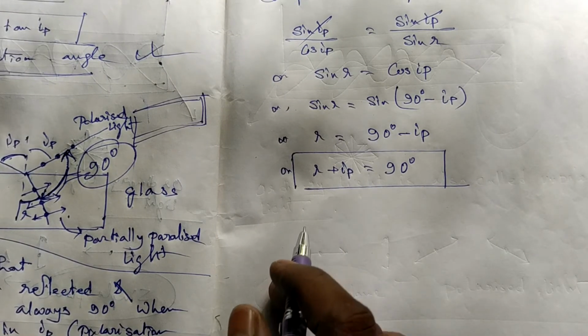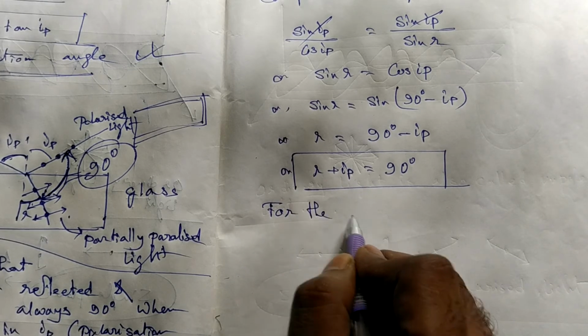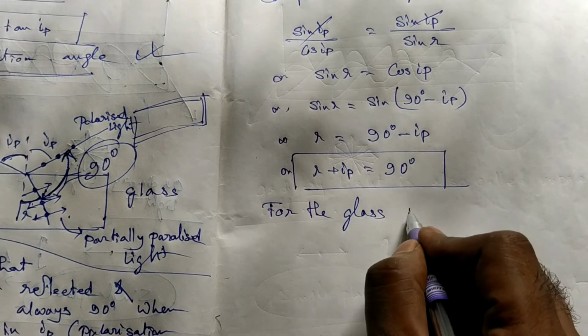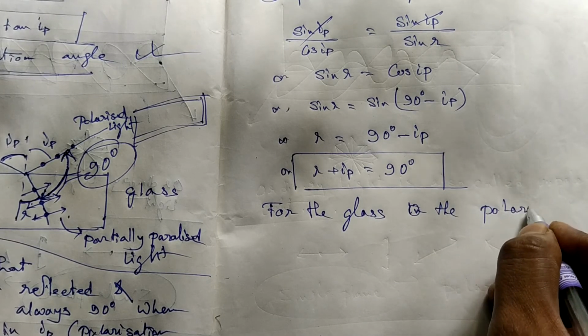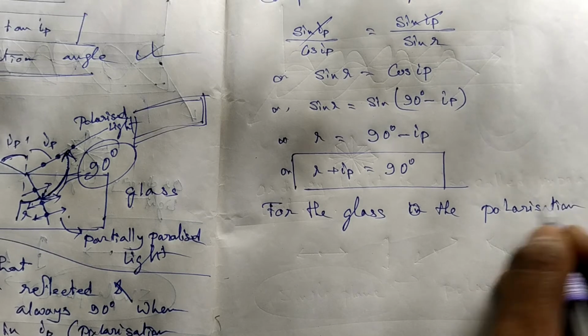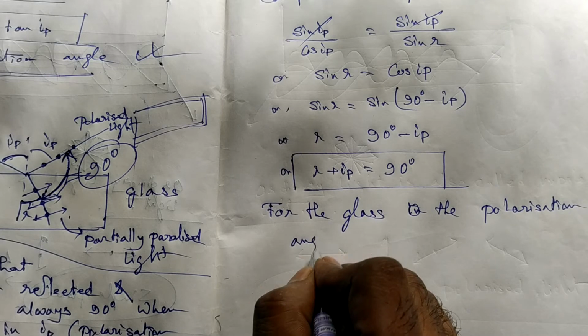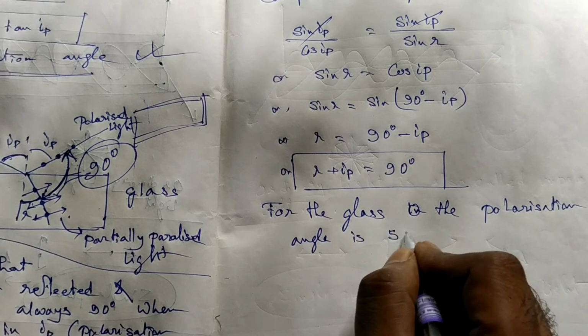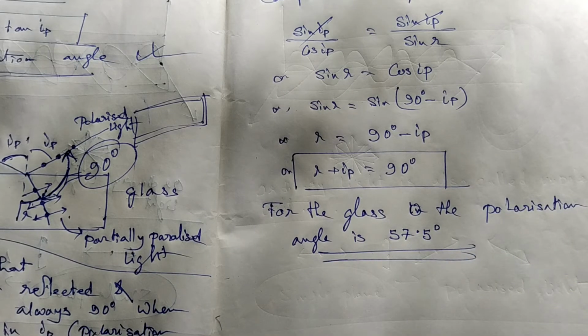Another thing is that for glass, the polarization angle is 57.5 degree. When you incident ordinary light at 57.5 degree, after the reflection you get polarized light.